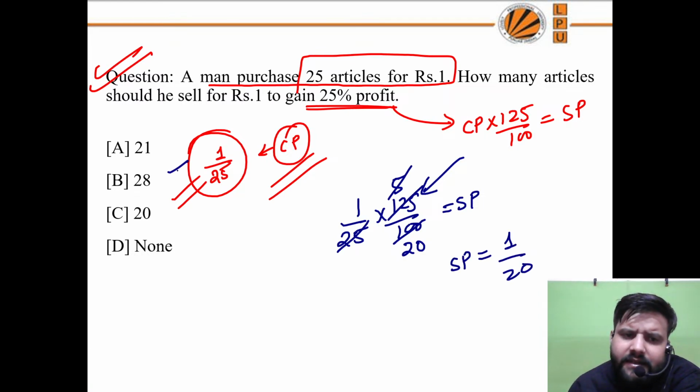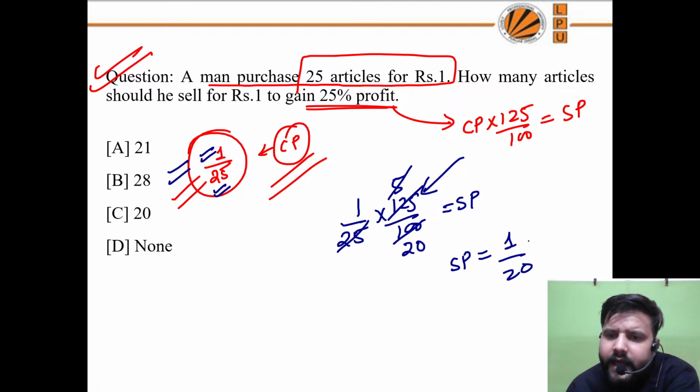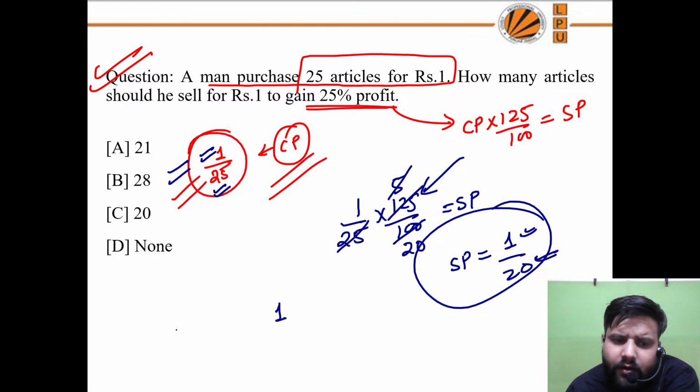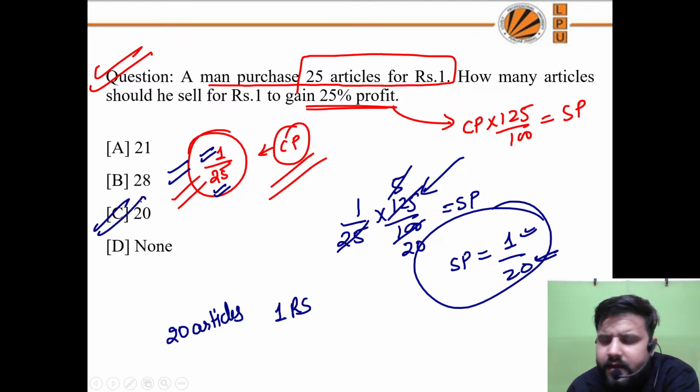Now in this fraction, just observe: 1 denotes 1 rupee and 25 denotes quantity. In this fraction also, 1 denotes rupees and 20 denotes quantity. It means you will sell 20 articles for 1 rupee. So the answer for the question is option C.